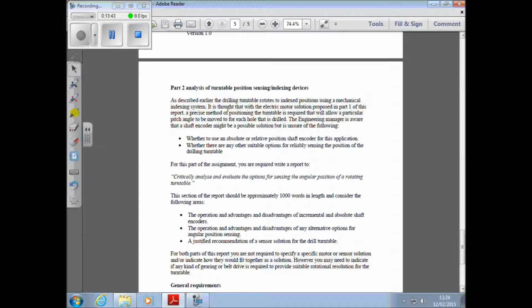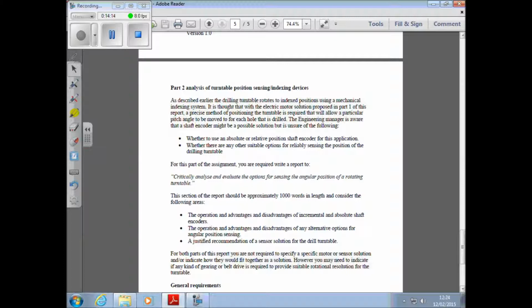This section of the report should be approximately 1,000 words in length and consider the following areas: the operation and advantages and disadvantages of incremental and absolute shaft encoders, the operation and advantages and disadvantages of any alternative options for angular position sensing, and a justified recommendation of a sensor solution for the drill turntable. Does that sound okay?